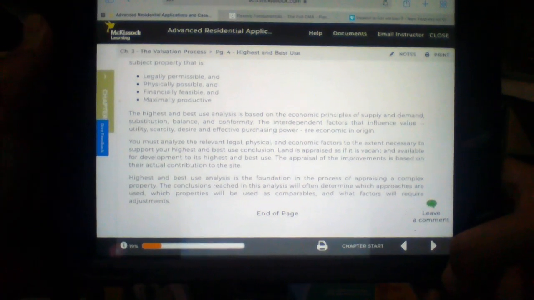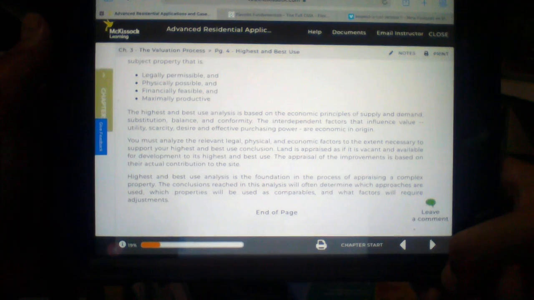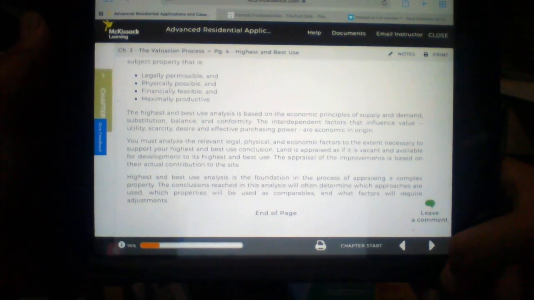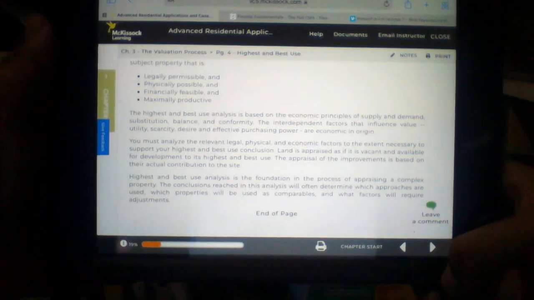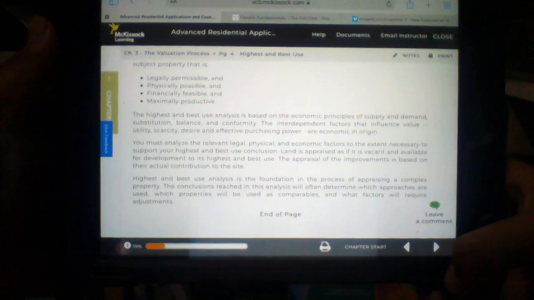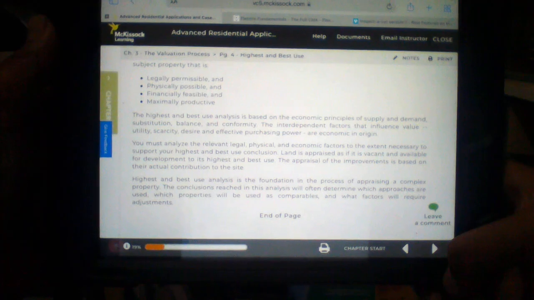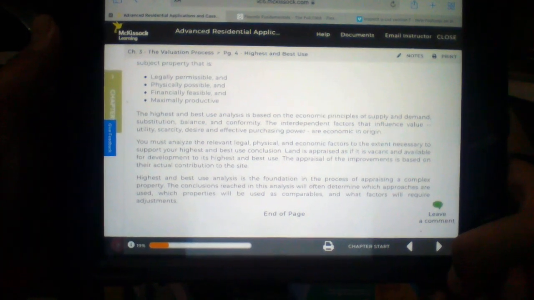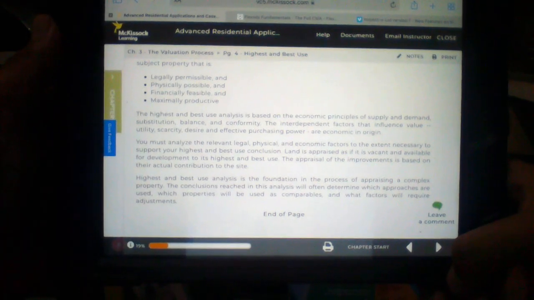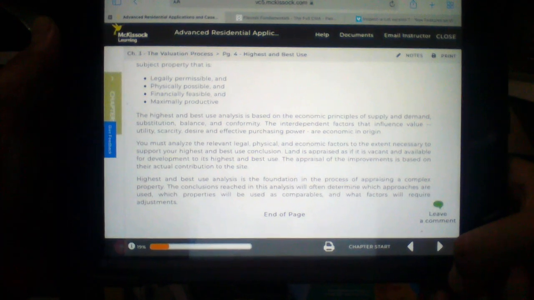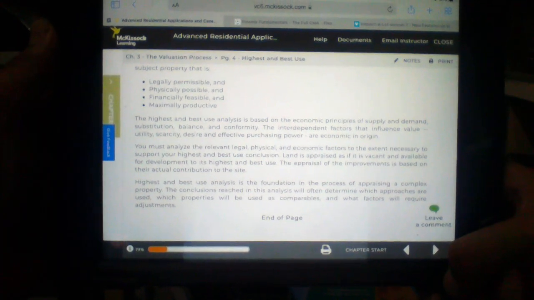You must analyze the relevant legal, physical, and economic factors to the extent necessary to support your highest and best use conclusion. Land is appraised as if it is vacant and available for development to its highest and best use.